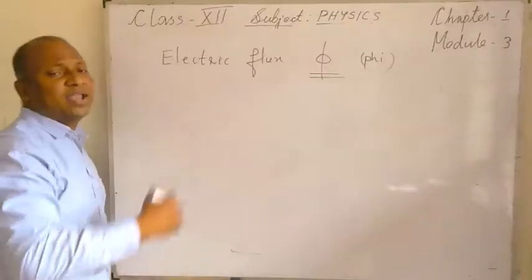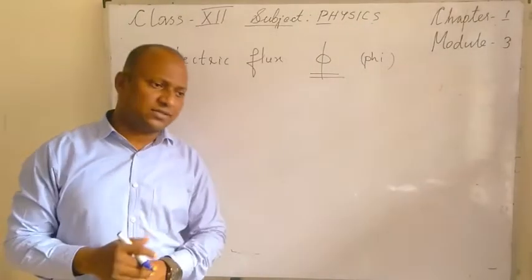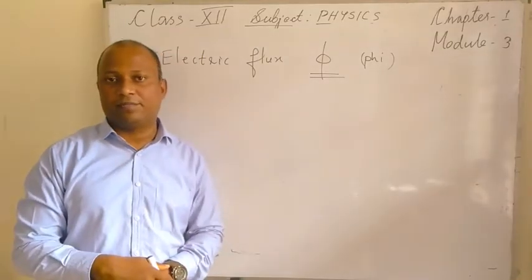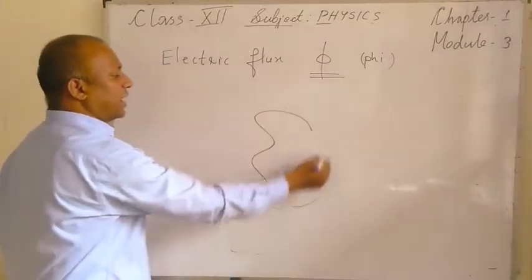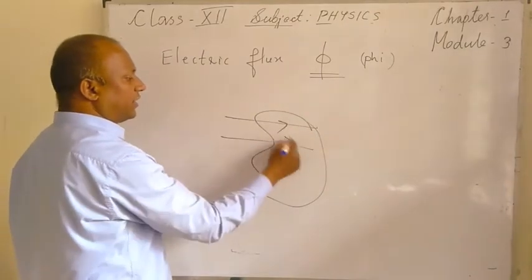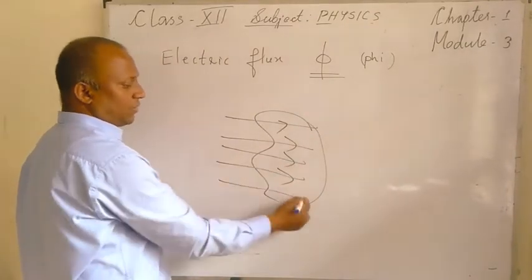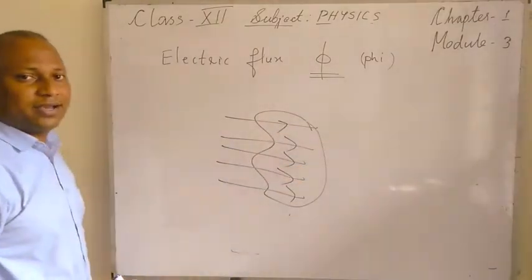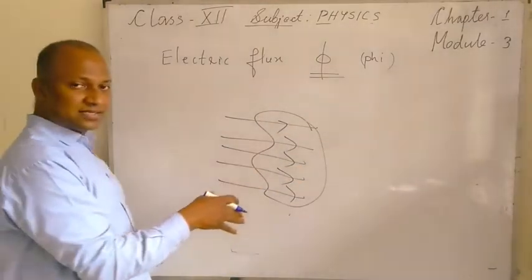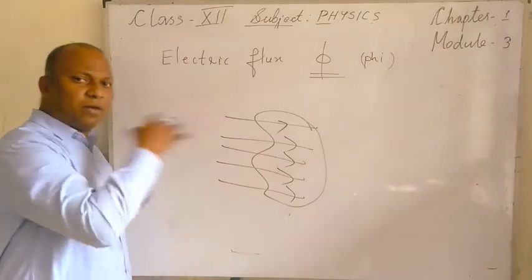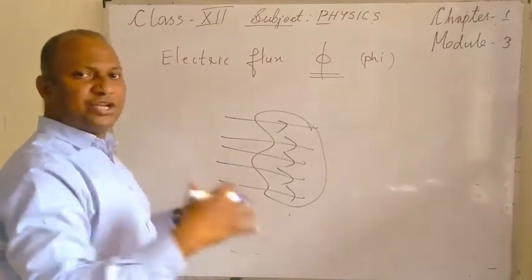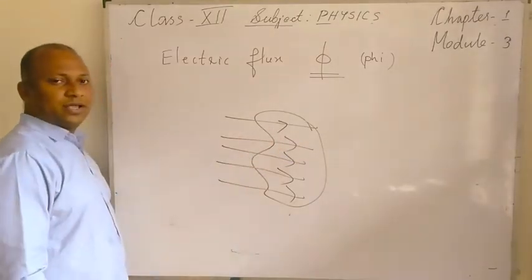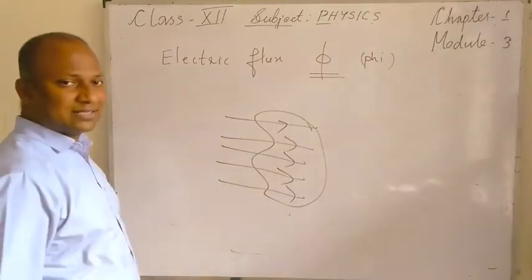What do you mean by electric flux? Electric flux simply means the total number of field lines passing through a particular area. Suppose you have an area and a lot of field lines are penetrating through it, and if fewer field lines are penetrating, it means that the flux is less, and with more field lines, where the intensity of electric field is much greater, the flux is more.